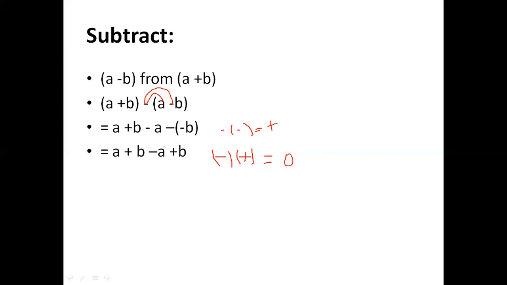Here I have minus a and plus a, which will be 0. Now I have here 1b, where 1 is the coefficient. 1b plus 1b will give me 2b.